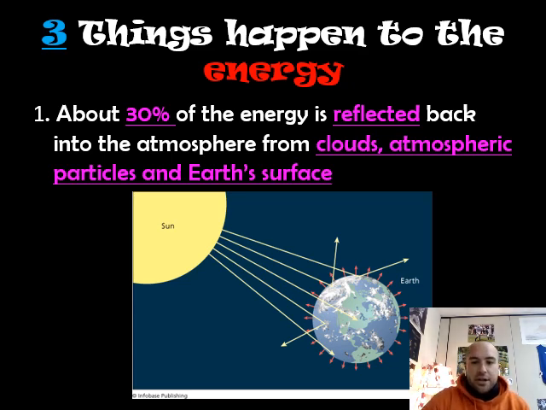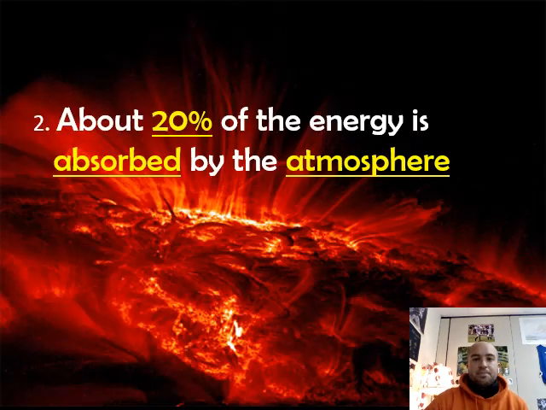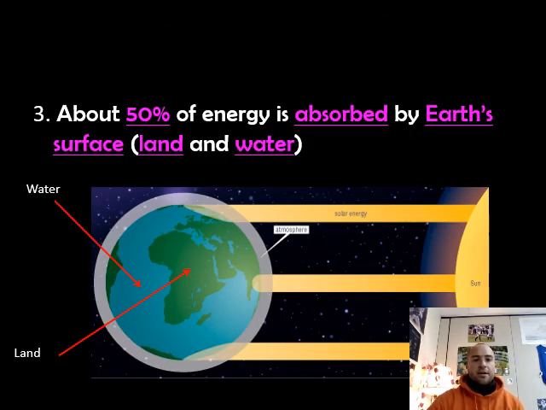I like this little photo because the sun rays seem almost to bounce off the planet, because that atmosphere is going to protect us. 20% is absorbed by the atmosphere. And 3, about 50% of energy is absorbed by Earth's surface, both land and water. Those sentences will be what you write down right there.